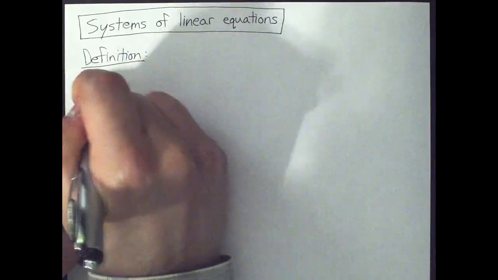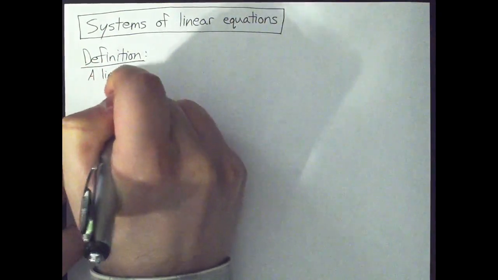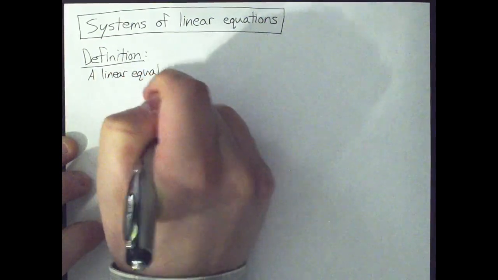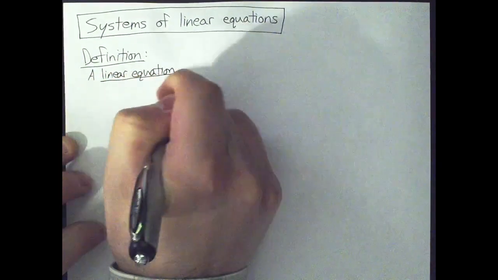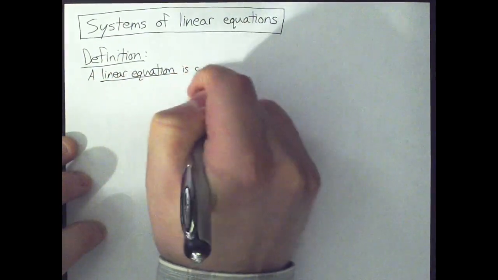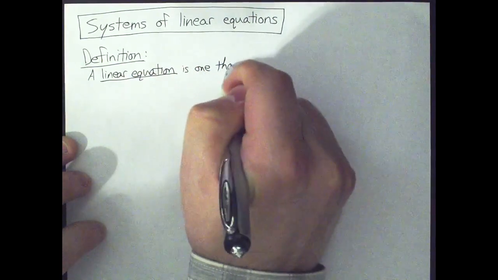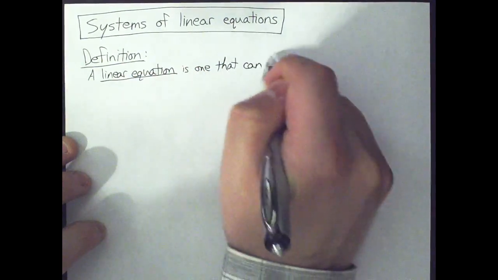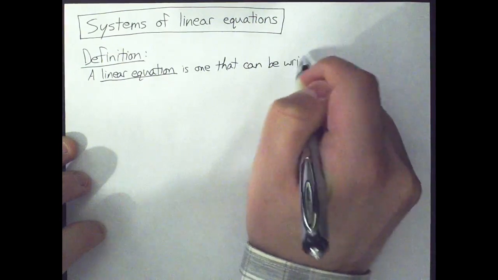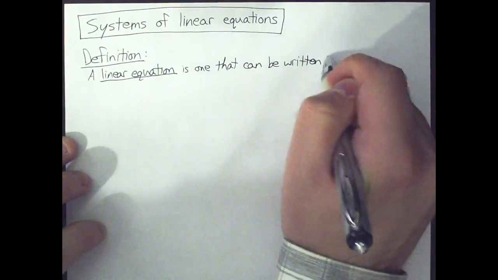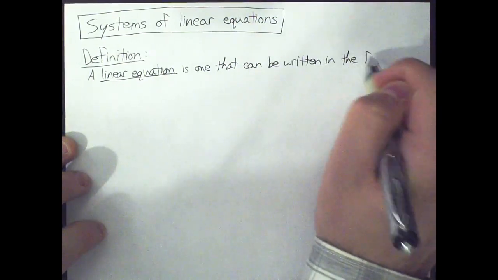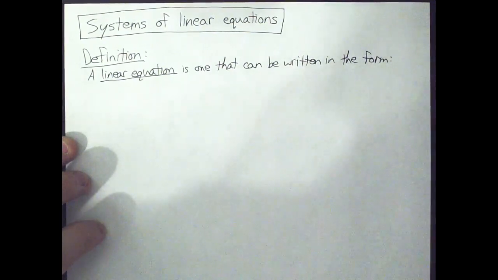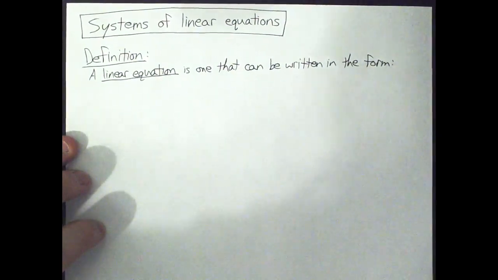So we're going to say a linear equation is one that can be written in the form, and we want to write kind of a general form here.